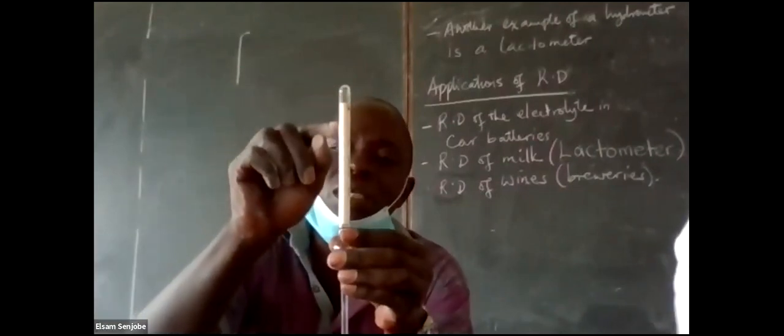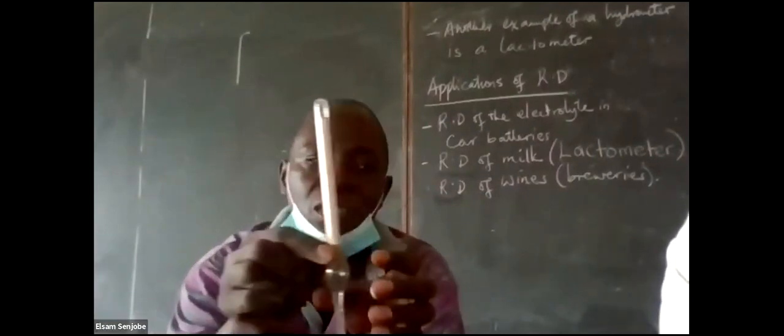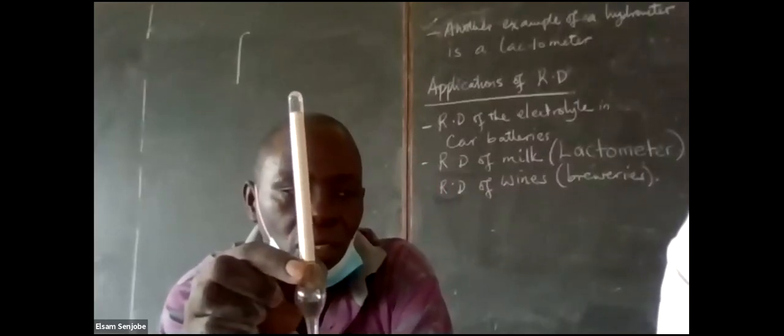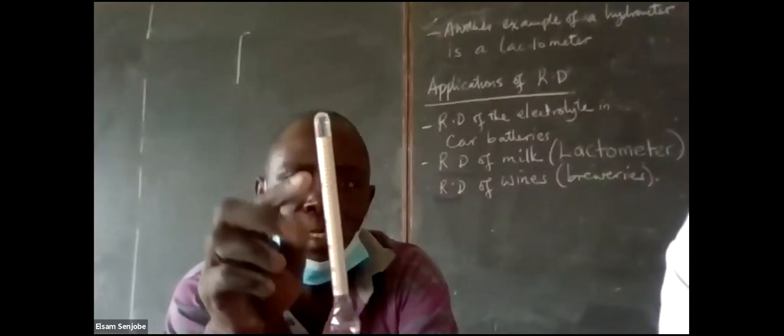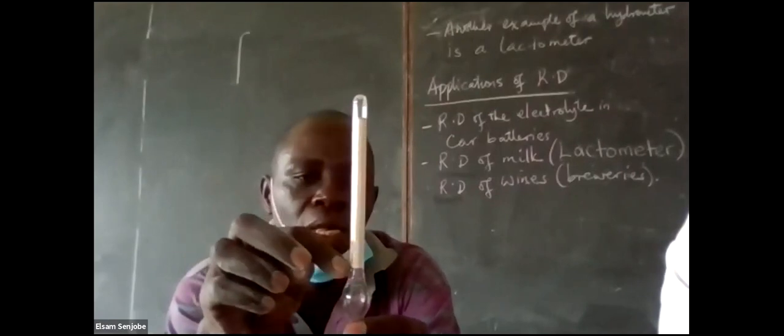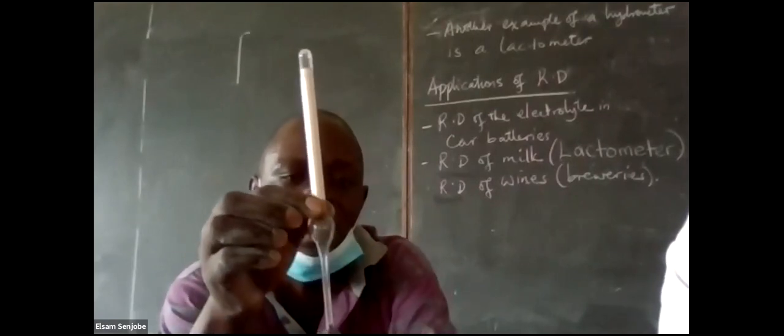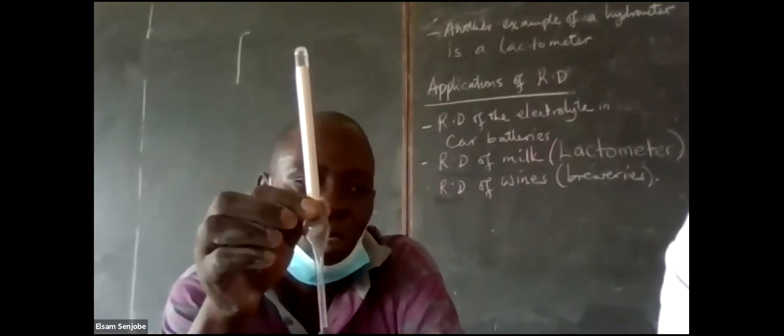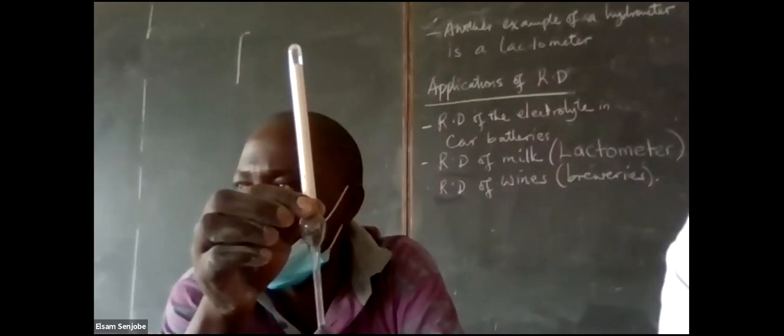This part which you see here, where the scale is, I hope you see the scale. That part is called the stem. The stem of your hydrometer.